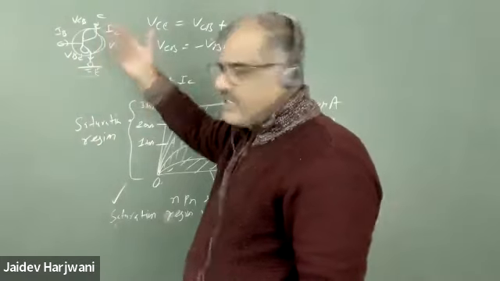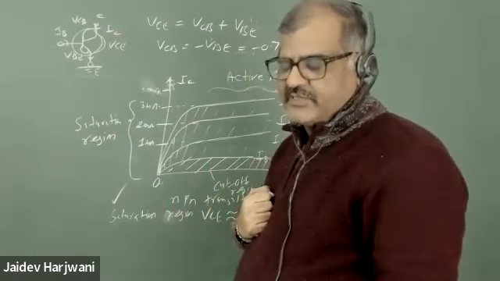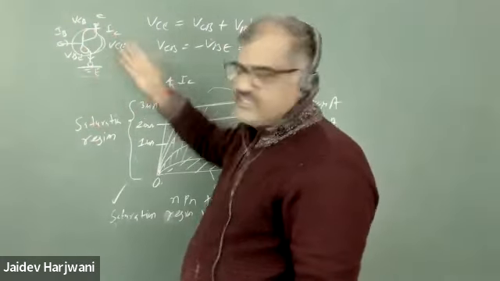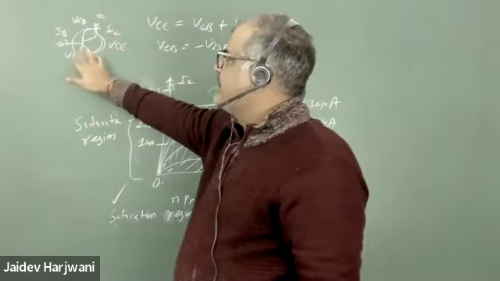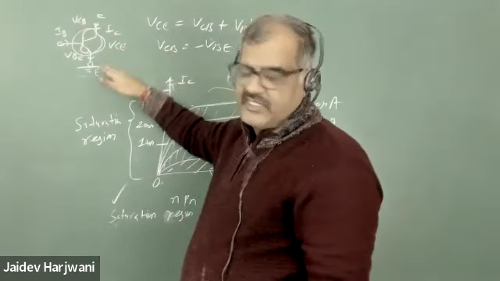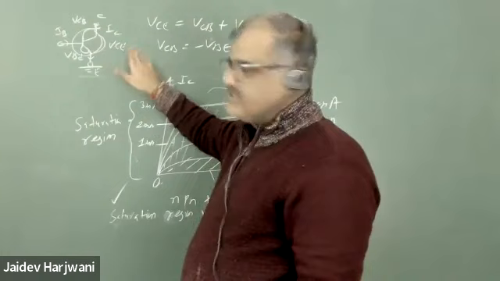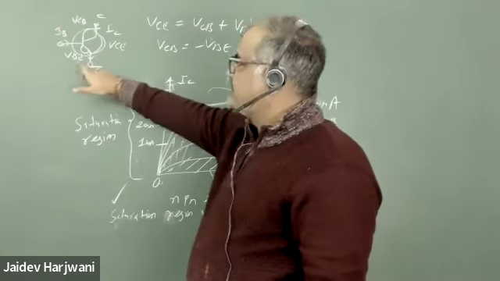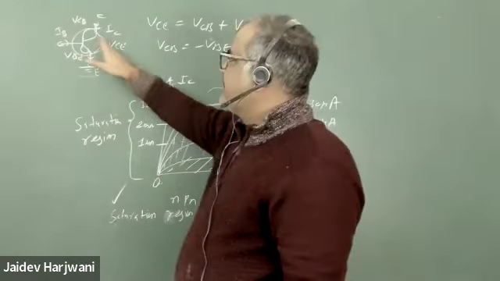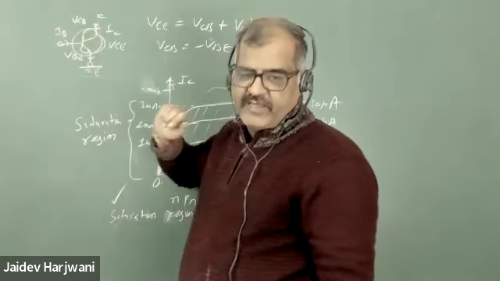For example, for a germanium transistor, VBE is 0.3. So if your VC is 0.3 or less than 0.3, then this goes into saturation. For silicon it is 0.7. So if VC is less than 0.7, this will make this junction forward biased.